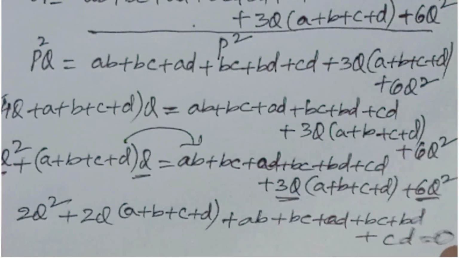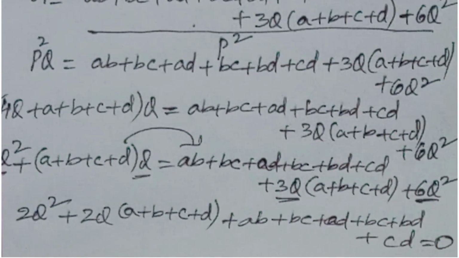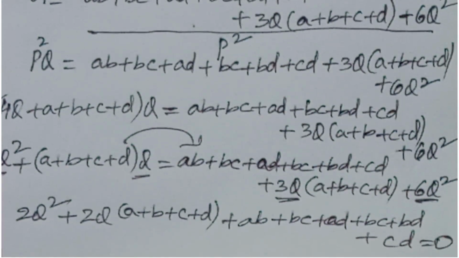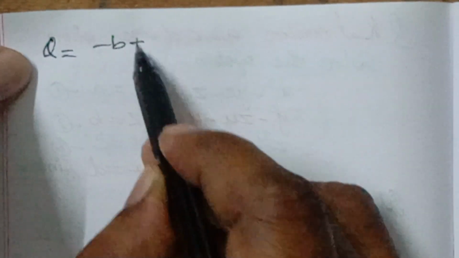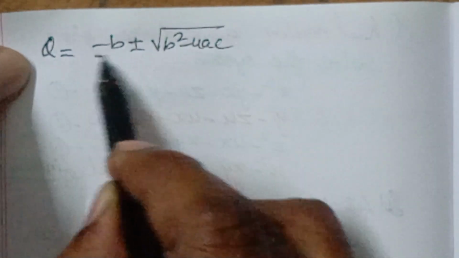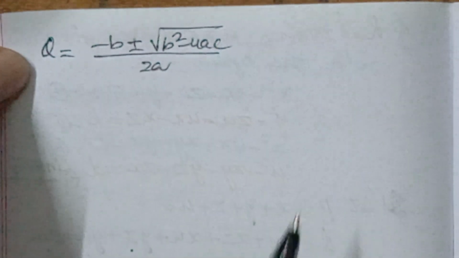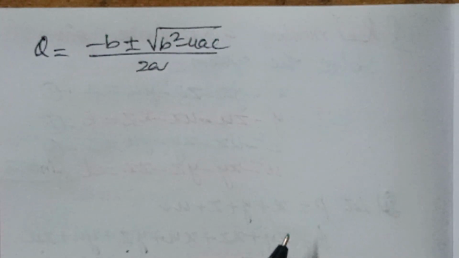Now we want to find the value of q. By using the formula, q is equal to (−b plus or minus root of b² − 4ac) by 2a. I will just substitute the values and complete.